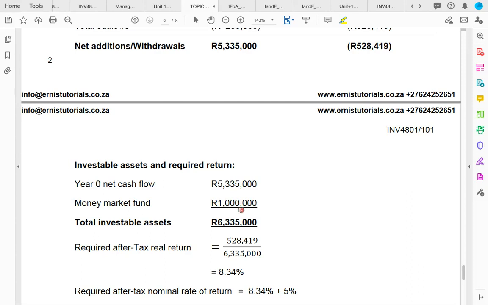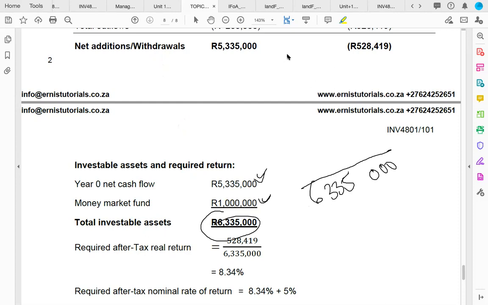So it means the total amount of money that we're going to have when this lady approaches retirement is going to be 6,335,000. This is the total amount of money that she's going to have. This is the net cash flow we've calculated from income and outflow. And then this is the funds that she currently has in a money market instrument.